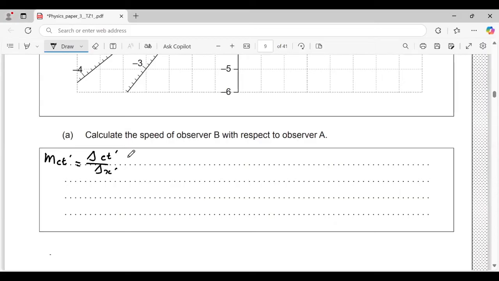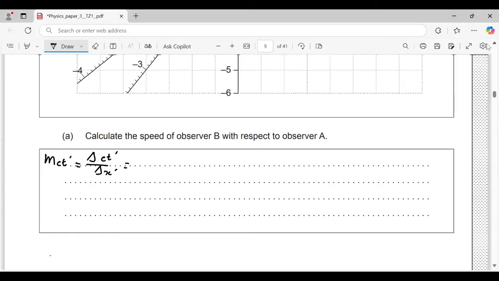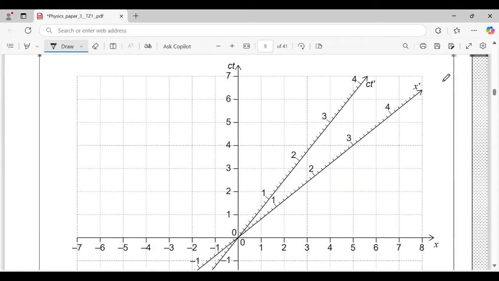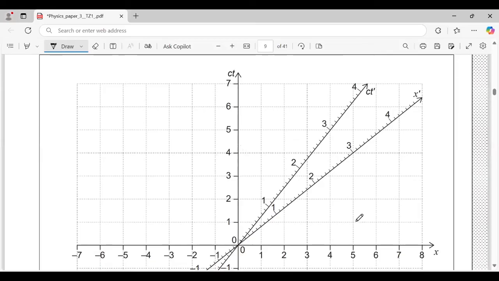The x is 1, and this is ct' 4 and 5. So delta ct' is 5 and this is 4.